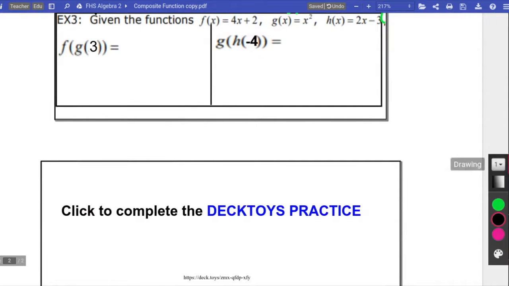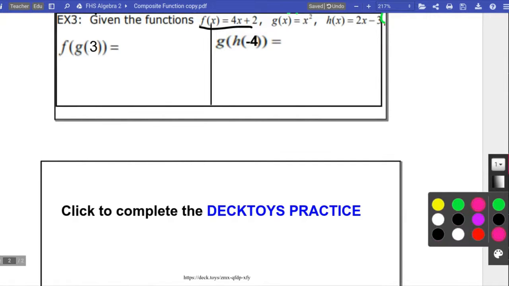All right, so the next one is this. I have f of x, and I have g, and then I have h. Let's put that into work. For this one, it looks like g is going inside of f, but g of 3, they're going to be specific.